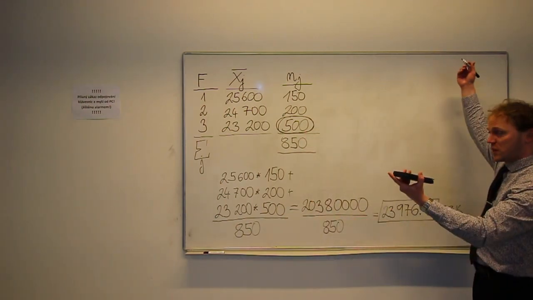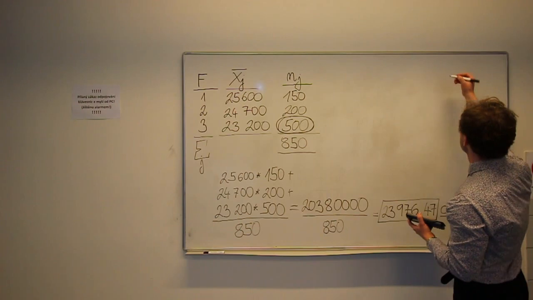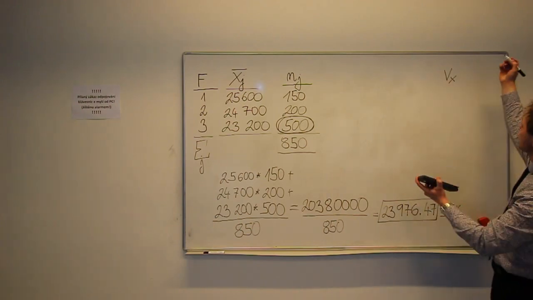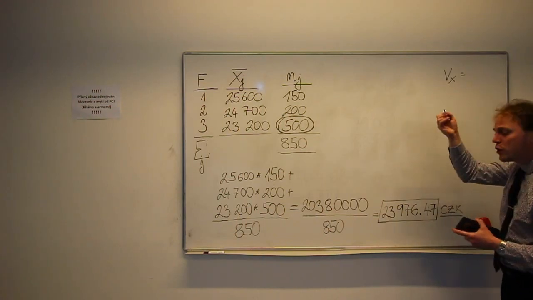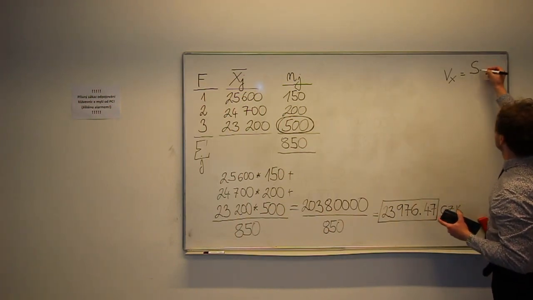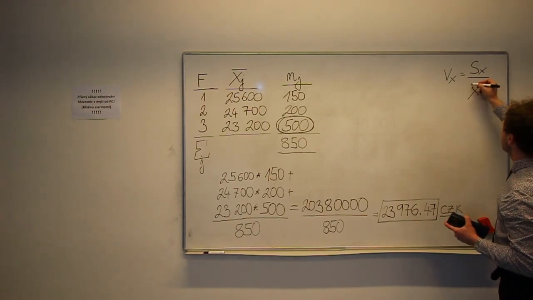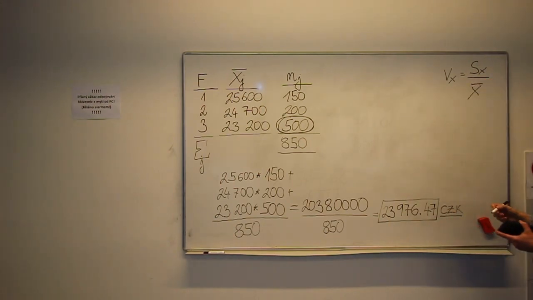Okay, so this is the total mean, and now the variation coefficients, three variation coefficients. We can calculate the variation coefficient as the ratio of the standard deviation s_x and the individual mean x-bar.